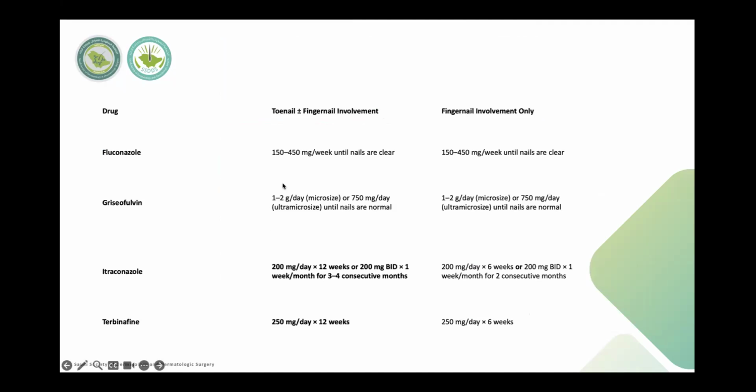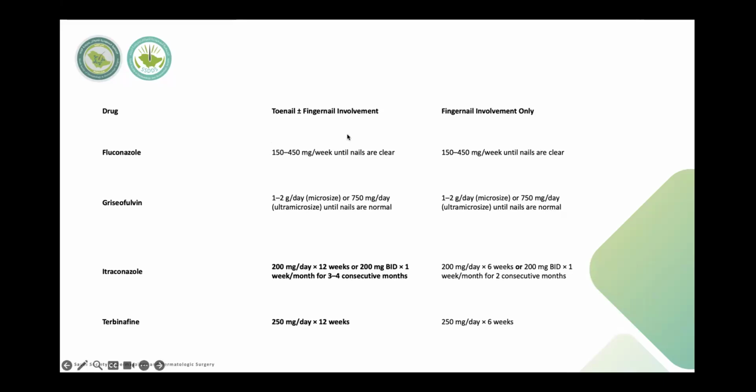Treatment, usually, again, we use terbinafine for 12 weeks for toenail and fingernail involvement. If the patient cannot tolerate the daily doses, you can consider weekly doses with fluconazole. If you have just fingernail involvement without toenail, you should question the diagnosis because it could be psoriasis and not fungal infection.